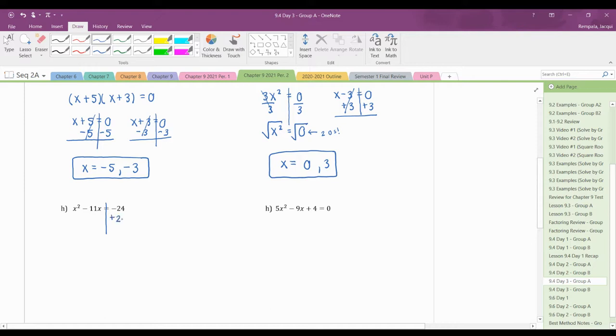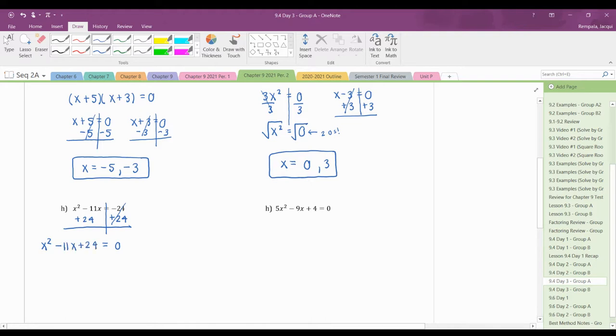The opposite of a negative 24 is a positive 24. So I'm going to add 24 to both sides. That gets rid of it on the right, and now it'll say equals 0. On the left, I don't have any like terms. So that would give me x squared minus 11x plus 24.